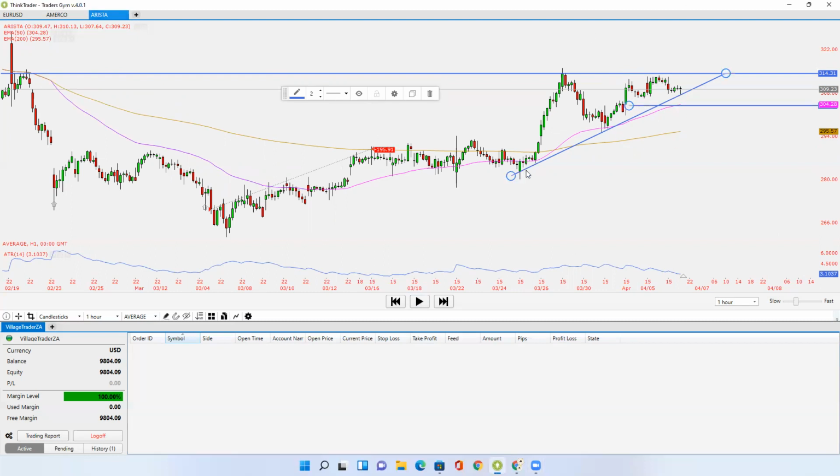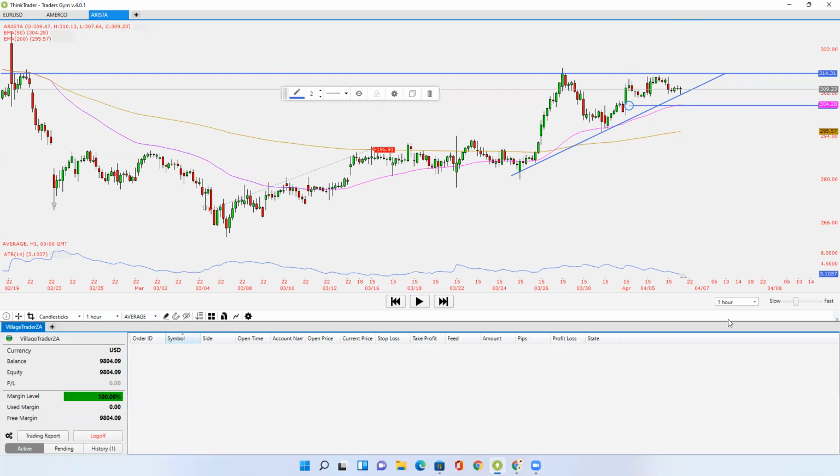Anyways, an ascending triangle pattern is a triangle with rising bottoms but a flat top, right? So as you can see, it's ascending, but it's flat at the top.